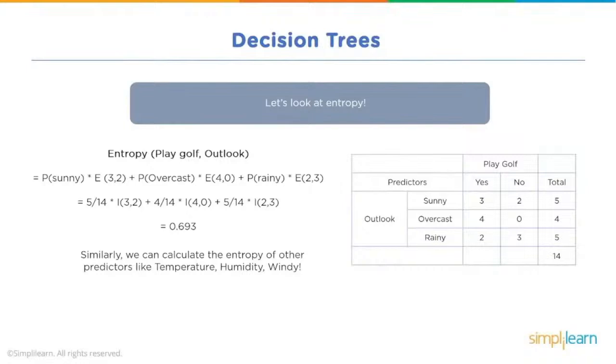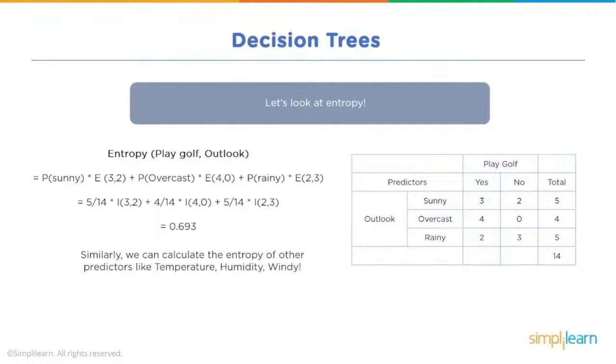Plus P of overcast, which is I of 4, 0, plus rainy, I of 2, 3. When you do the whole setup, we have 5 over 14. Remember I said there was a total of 5? 5 over 14 times I of 3, 2 plus 4 over 14 times I of 4, 0 plus 5 over 14 times I of 2, 3. And so we can now compute the entropy of just the part that has to do with the forecast, and we get 0.693.